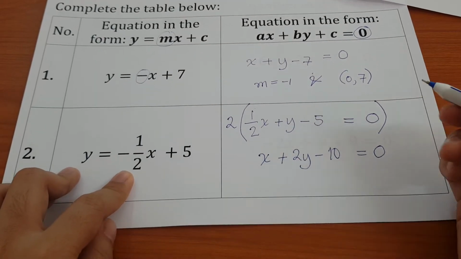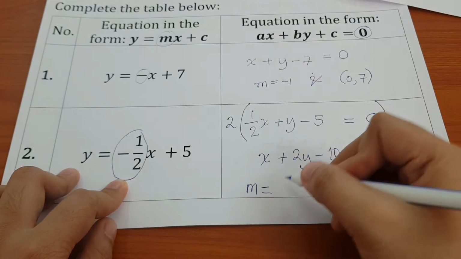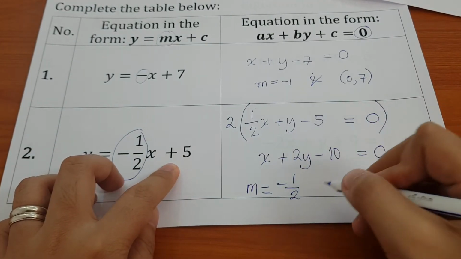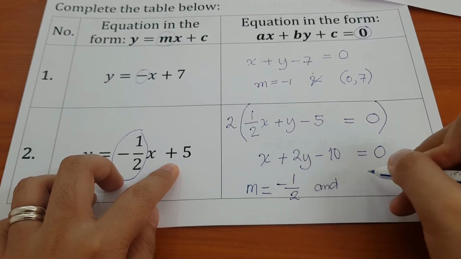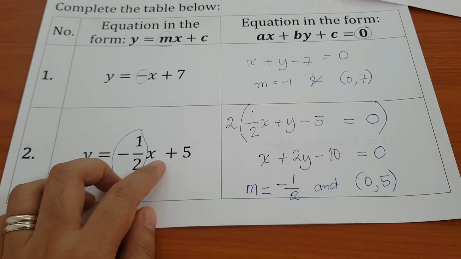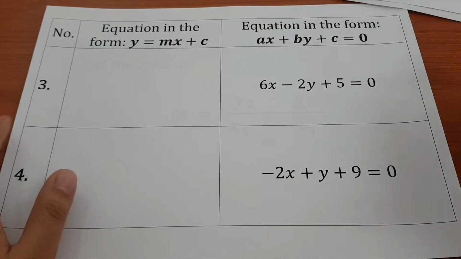The gradient here, m, is the coefficient of x, which is minus 1/2, and the y-intercept is (0, 5).